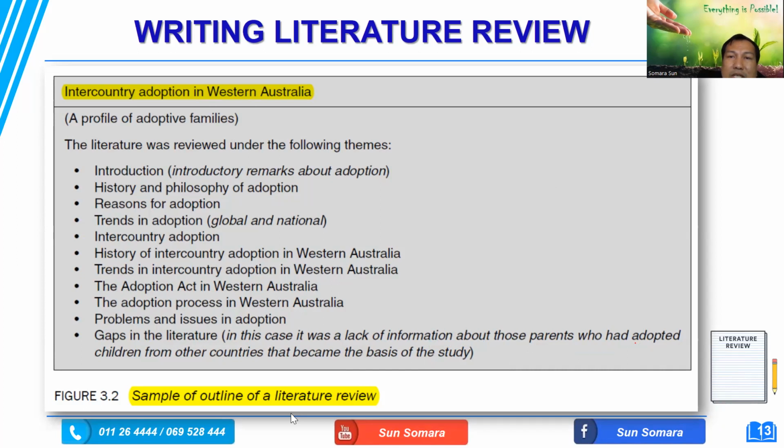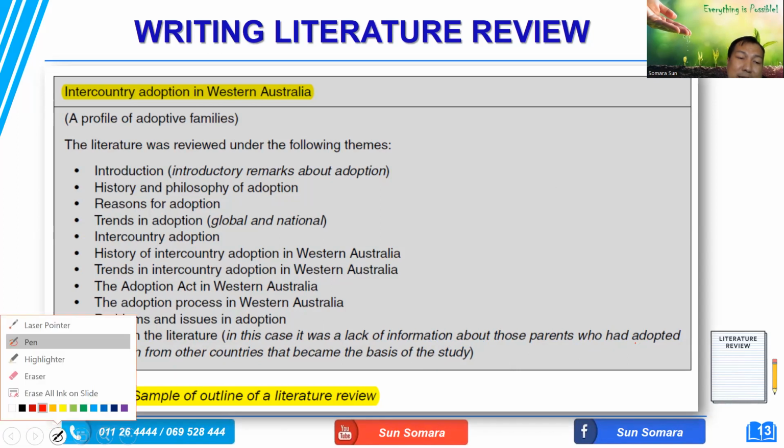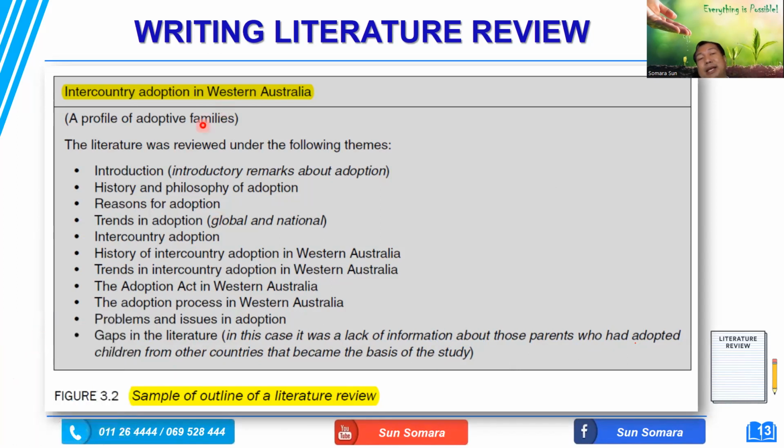Okay, you can see this part, some examples. Normally in chapter 2, there is a blank space for that part. Not every research has the same subtitle there, so it will depend on your research topic, your statement of problem, your research objective as well as your research question.